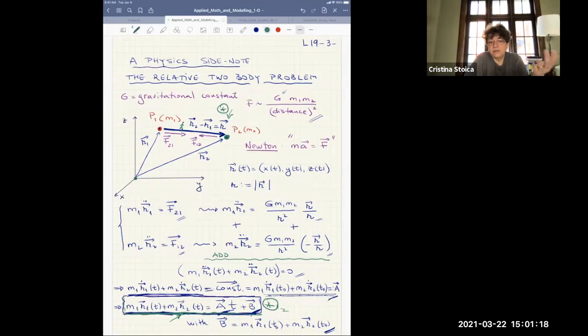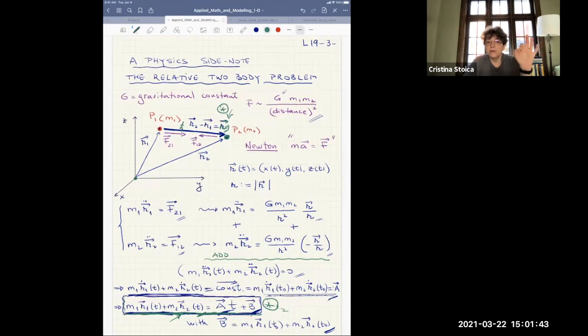If I know this R, and I know this relation, so I know how each evolves in time, together they allow me to solve for R1 and R2 separately. So it's sufficient just to solve for the difference.